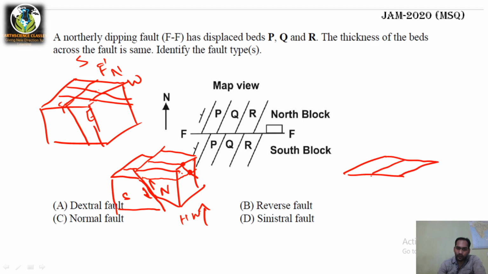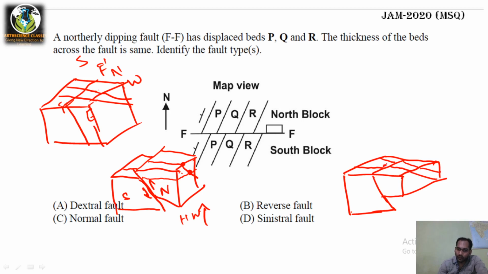This is the fault plane, and you can see like this. Here it is the contact, but the upper part is eroded, so you are getting it like this.